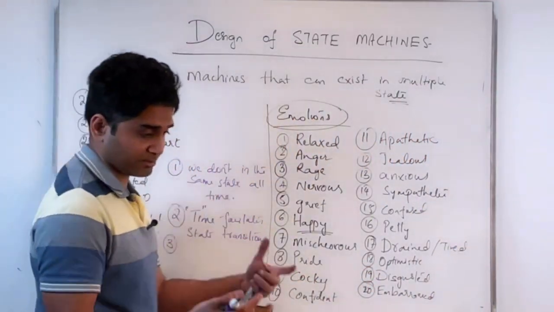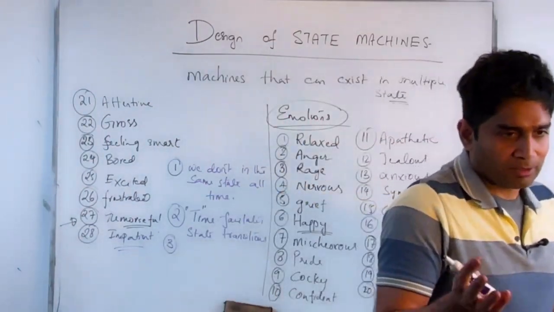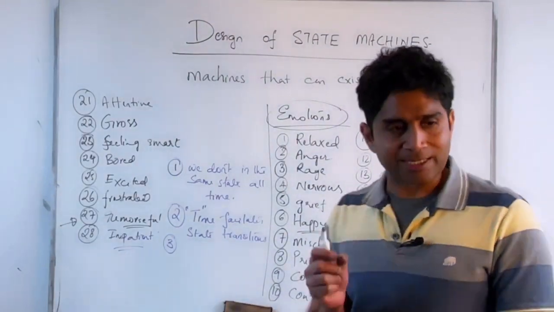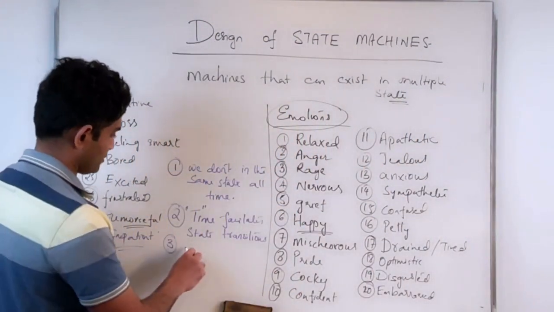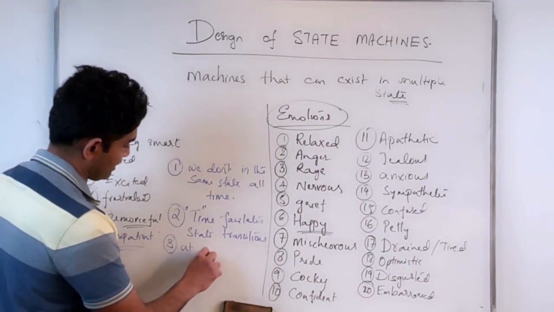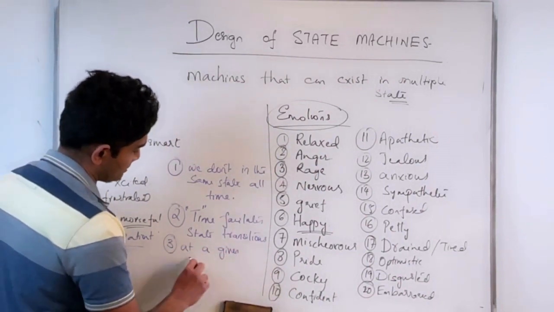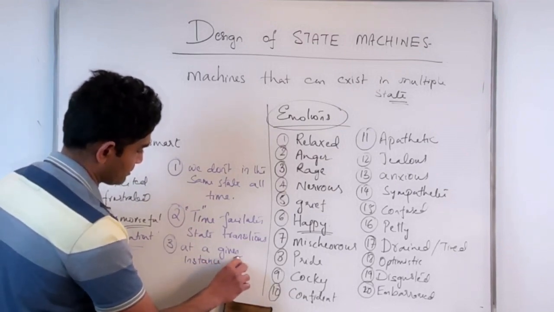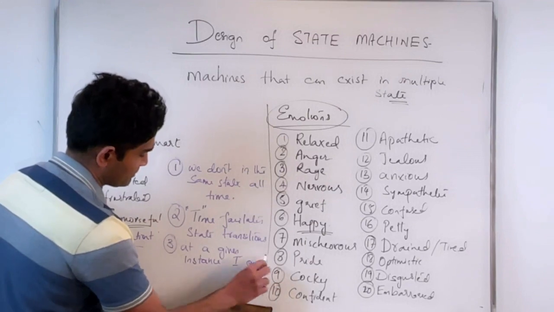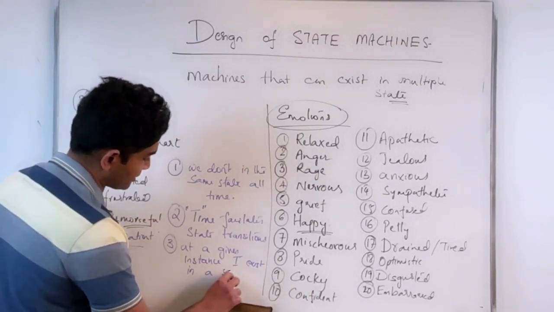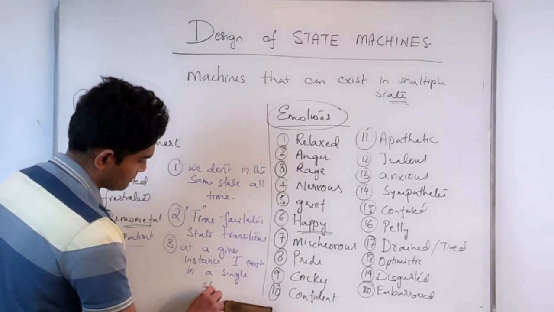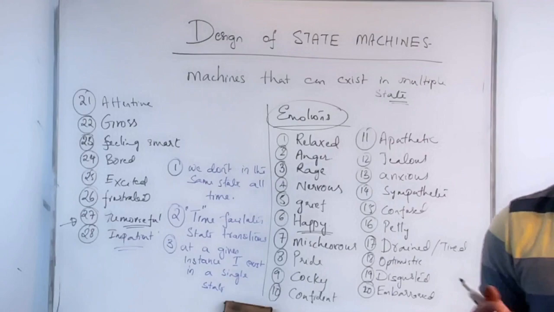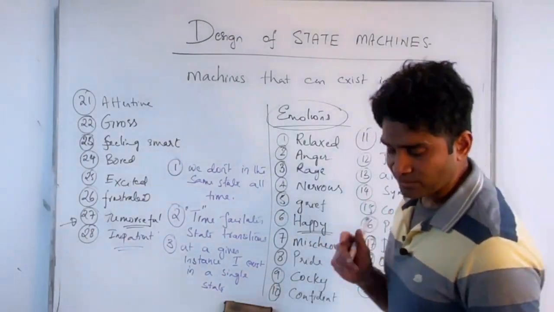Even if the person has, let's say, some kind of bipolar disorder, at one instance of time he would still exist in a single state. Among all of these multiple different states, I exist in a single state. I don't know what state, but I exist in only one state.